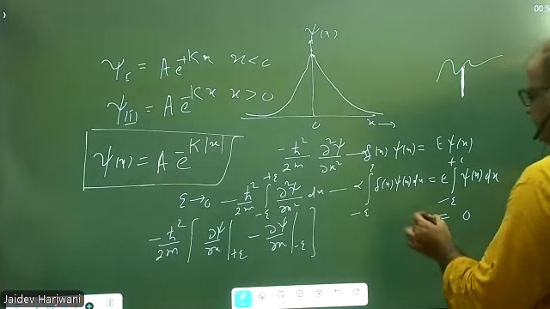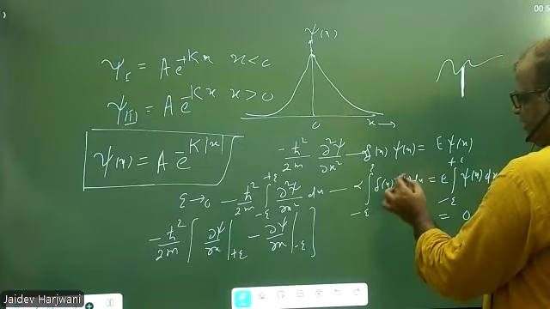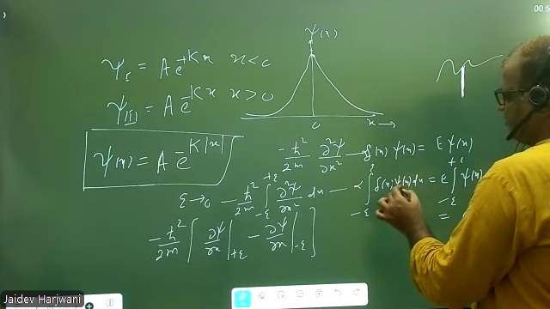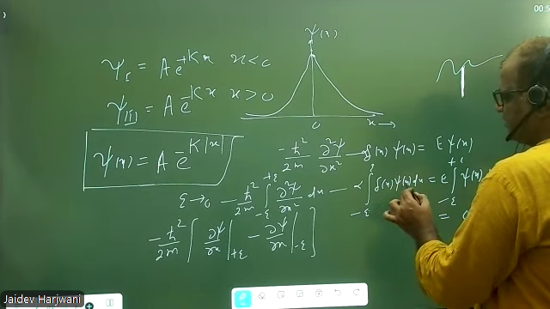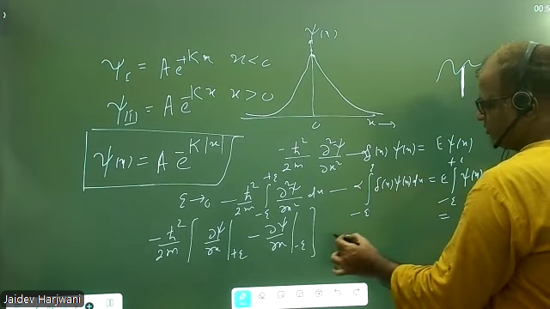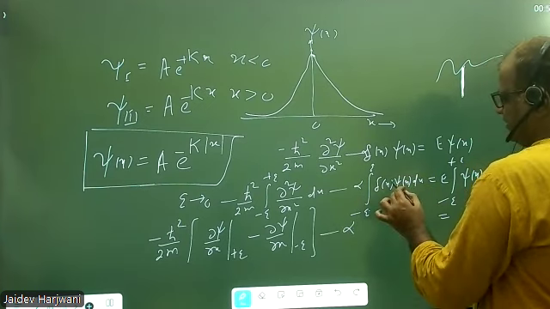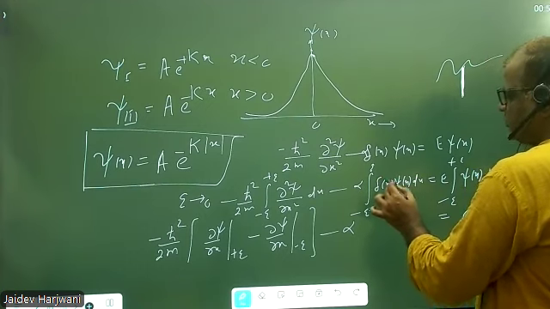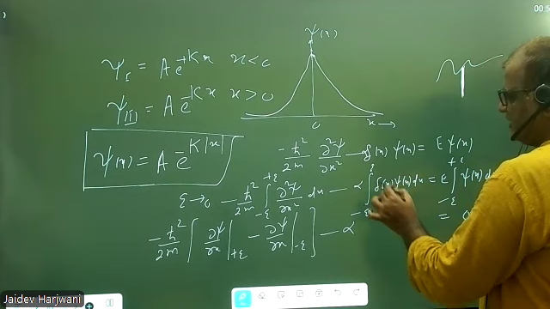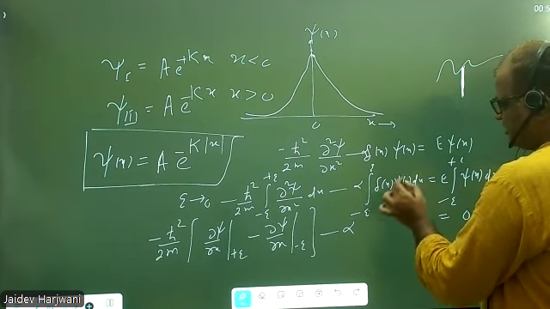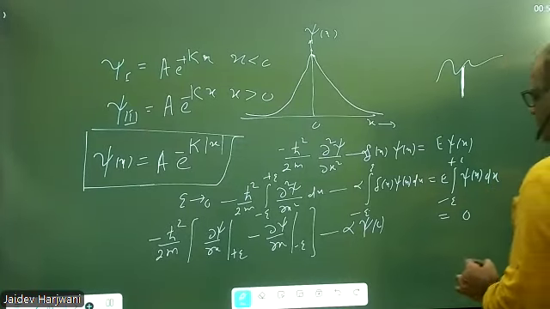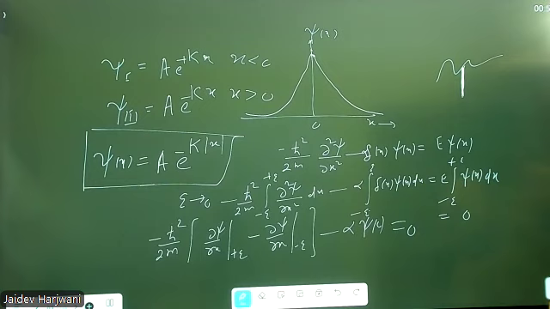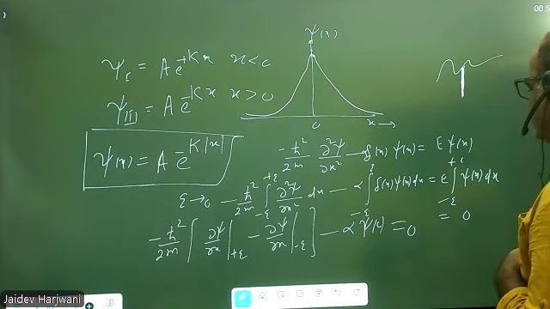And for the second term, we know the property of the delta function. Because x is almost 0, this gives me α at x equals 0. The function has a value only there, and zero at other places, so the integration has value only ψ(0). So α ψ(0) equals 0.